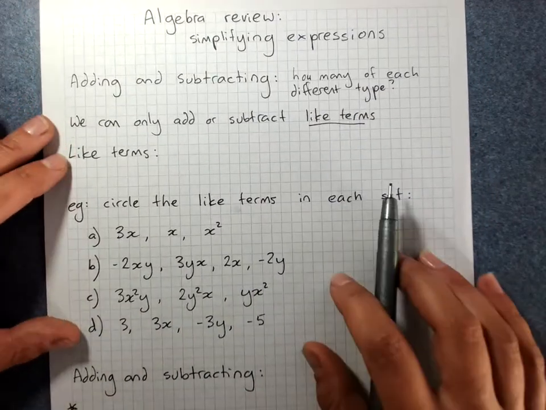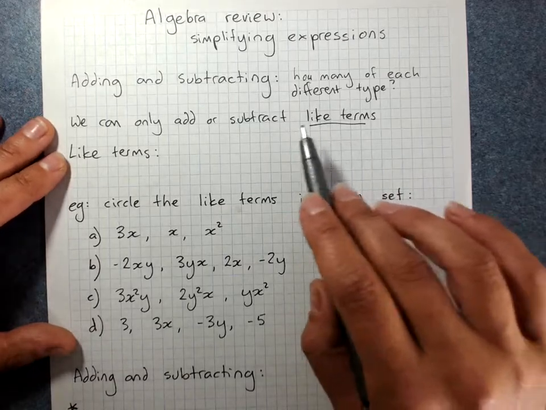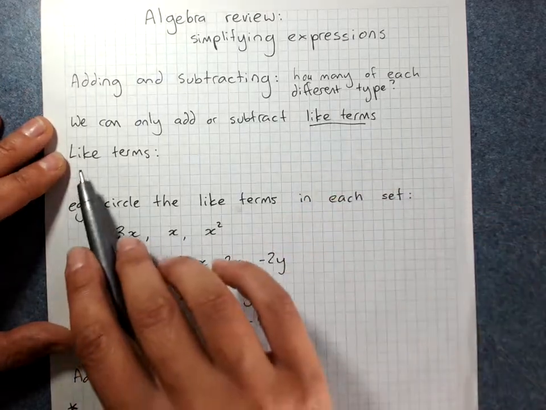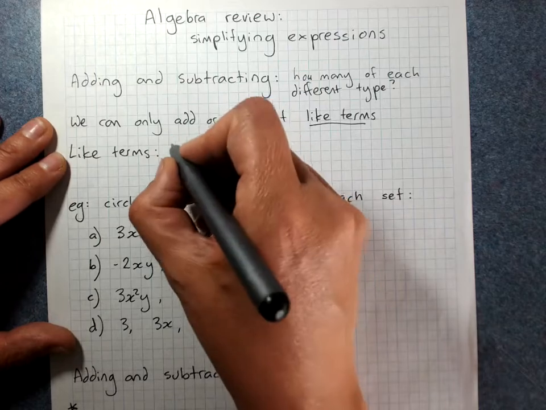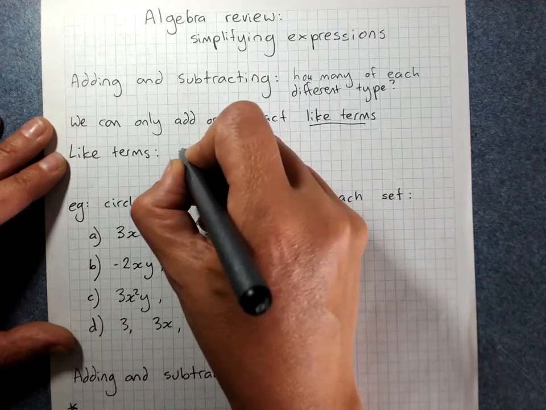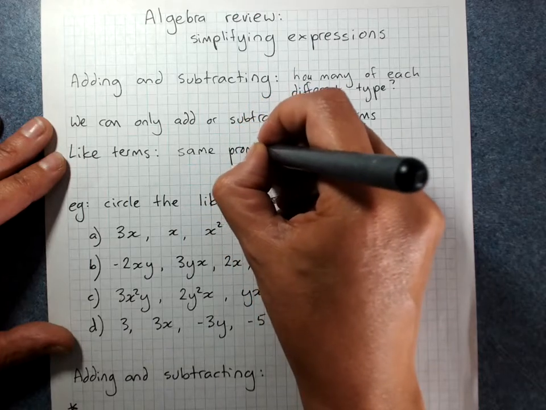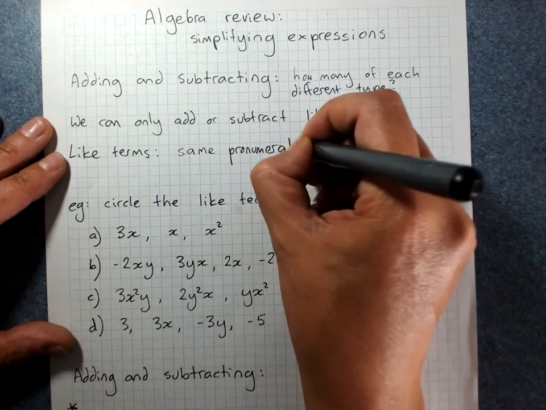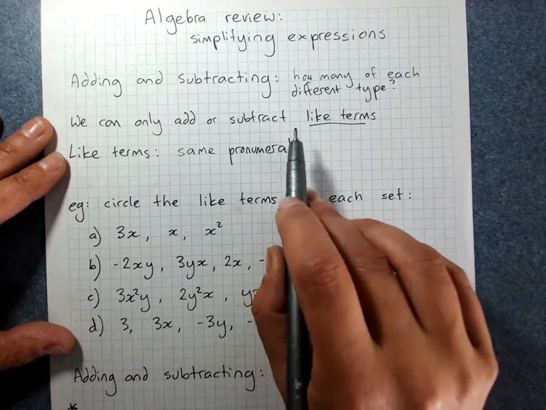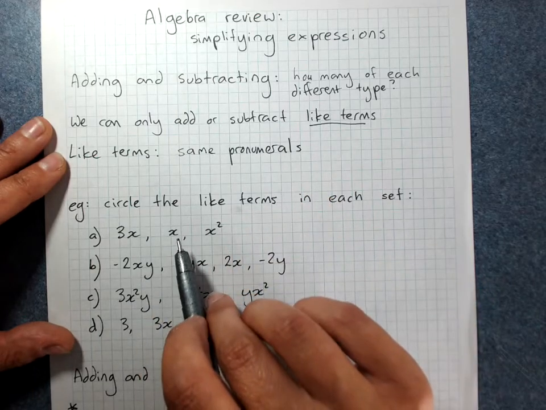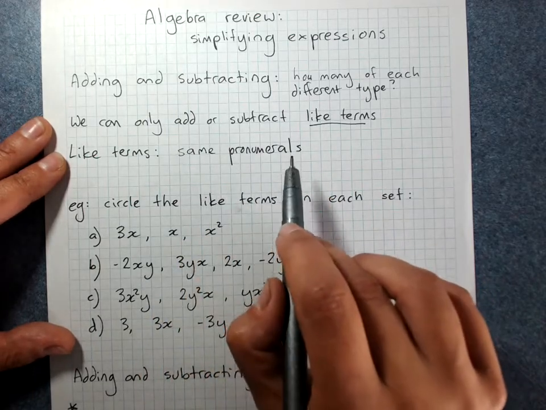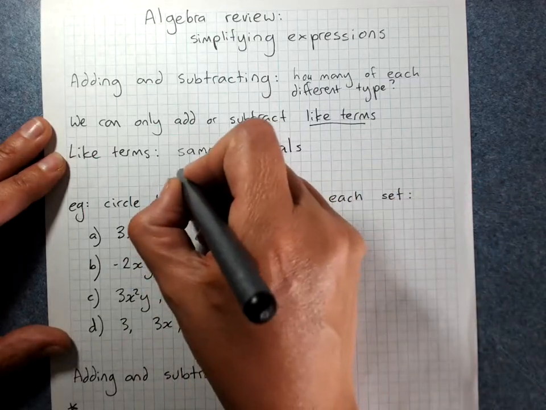So when we learn about algebra, we've got these like terms. Like terms are things with the same pronumerals, and so pronumerals, you remember, the letter part, and the same powers of the pronumerals.